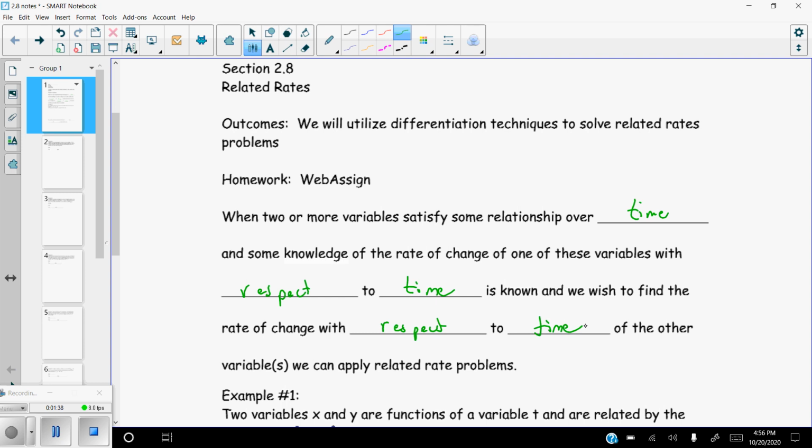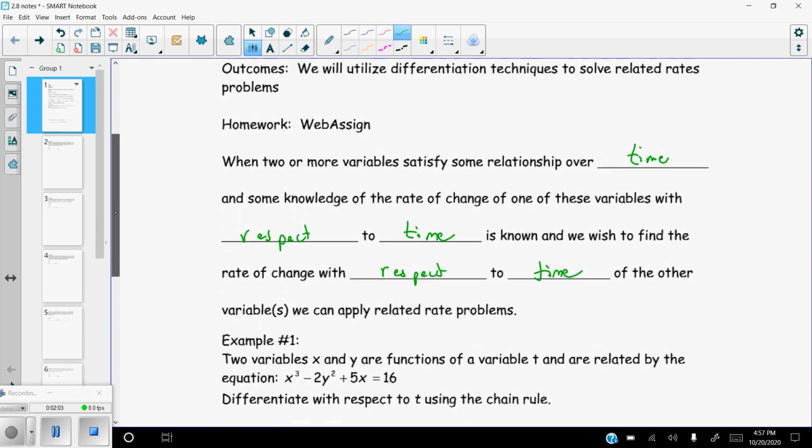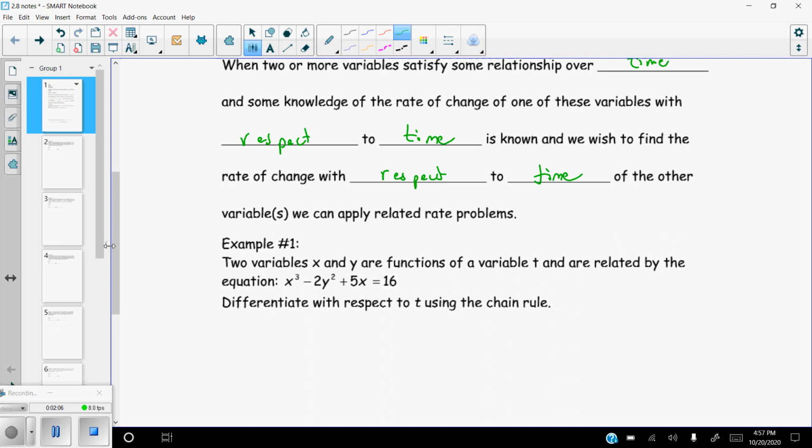Ultimately, what this is saying is you've got two or more variables, all of which are changing with respect to time. Somehow they are related to each other within some kind of equation. So we're going to have to apply related rates. Ultimately, that's just a fancy way of saying we're going to have to apply the chain rule as well, and the chain rule will be done for everything that's changing over time.